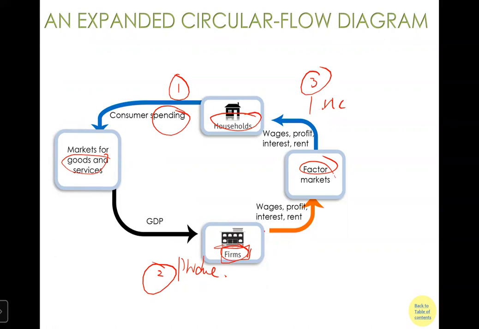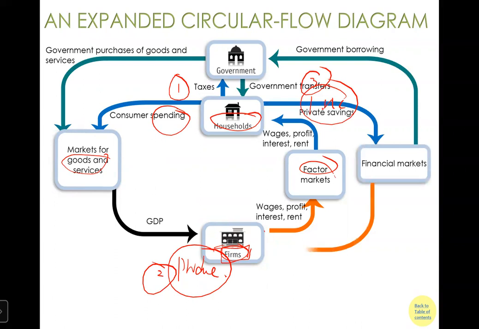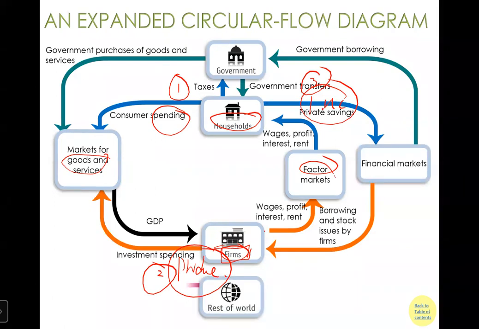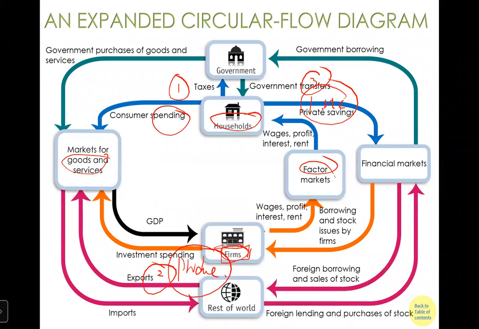So what you produce equals the income for whoever owns the factors. All right? Okay. So this is how we calculate GDP, but certainly we add government, and then we add the rest of the world to complete the picture, right? Okay, make sure you understand that.